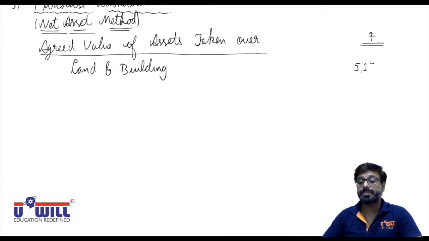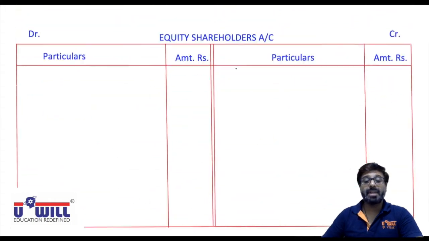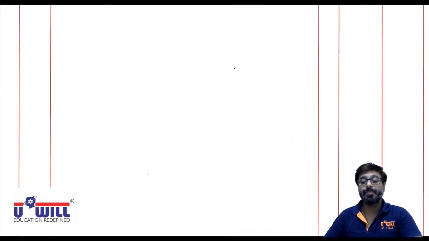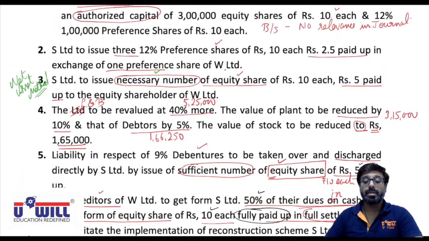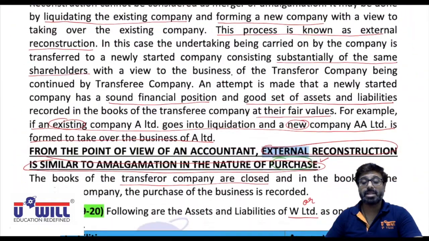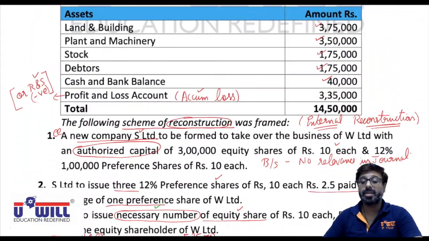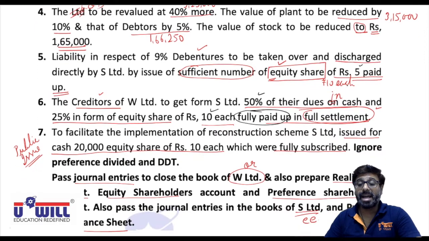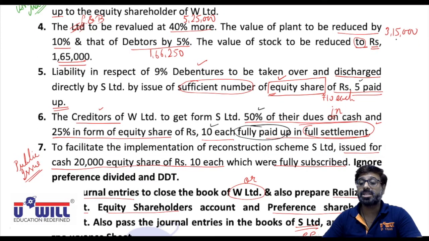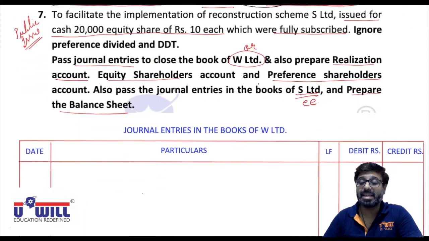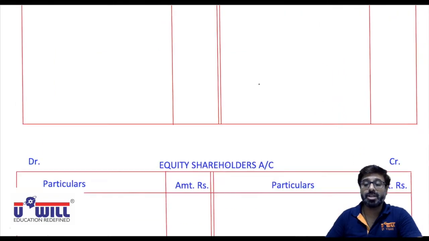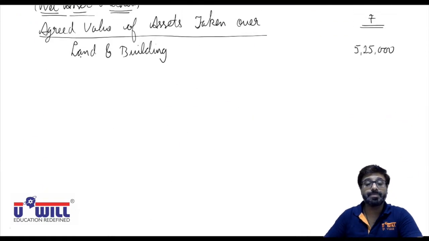Then after land and building, what do we have? Value of plant. In the balance sheet plant and machinery is 3,50,000, but that was to be reduced by 10%, so 3,15,000 is its agreed value. Plant and machinery 3,15,000.